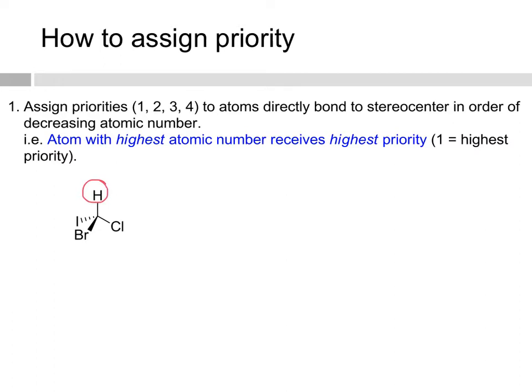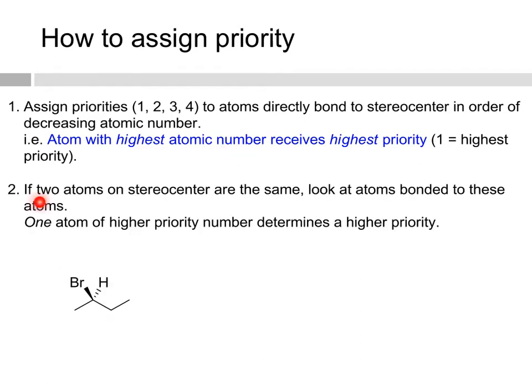Remember that hydrogen has the lowest possible atomic number, so this is always going to be assigned a priority of 4. And then if we look at the iodine, bromine, chlorine, if you think of the periodic table, iodine has the highest atomic number, so this is going to be 1, followed by bromine, 2, and chlorine, 3. So the highest priority goes to iodine because it has the highest atomic number.